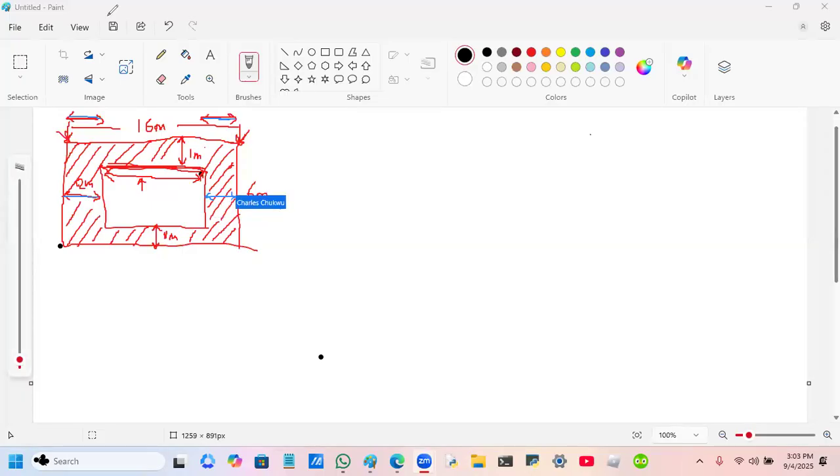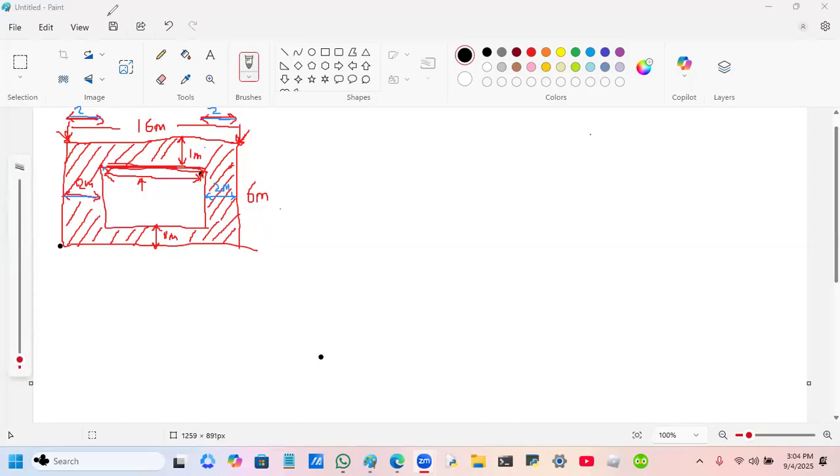Does it make sense now? Thank God it's making sense. So if you have 2 here and you have 2 here, that means you already have 4, isn't it? So that means this inside place will be 16 minus 4. Do you agree with that? And that's 12.